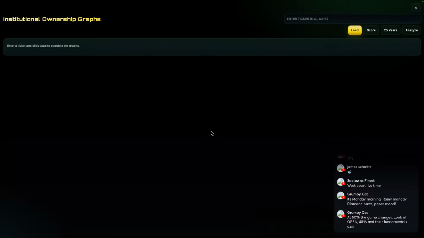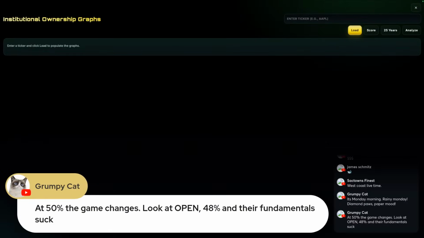And I'm going to try to explain kind of what's going on. Now, again, Grumpy Cat, you have some gaps in knowledge. So the reason why Open has a high institutional ownership is because they just went under $1 for like maybe a couple of months.